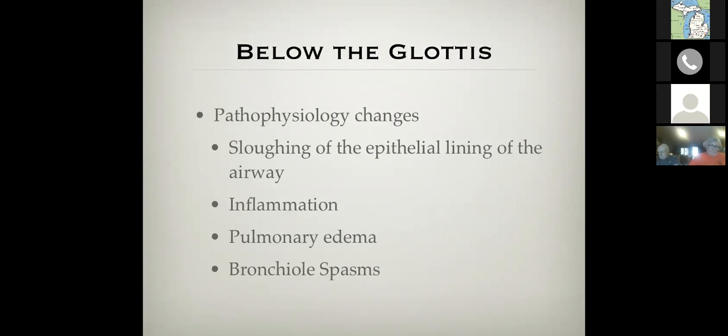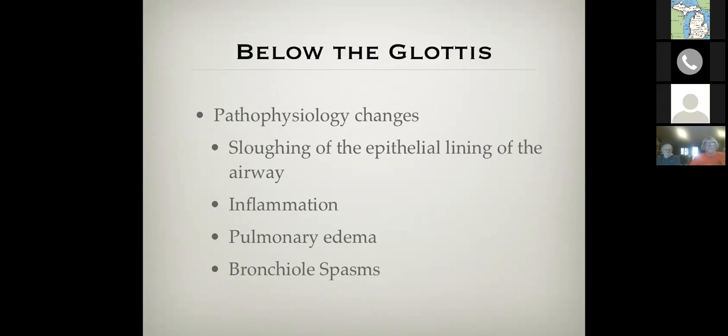Continuing on with this, injuries below the glottis are going to be more severe. Some of the changes that happen is that the epithelial lining begins to slough off of the airway. This is because of the heat that's been exposed as well as the chemicals, and ultimately it's going to lead to inflammation of the airway.